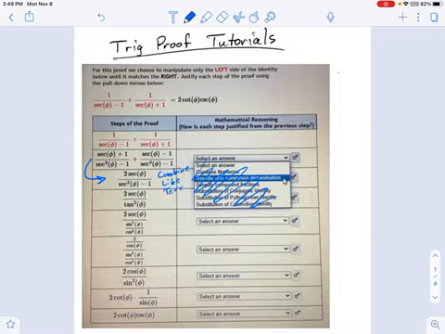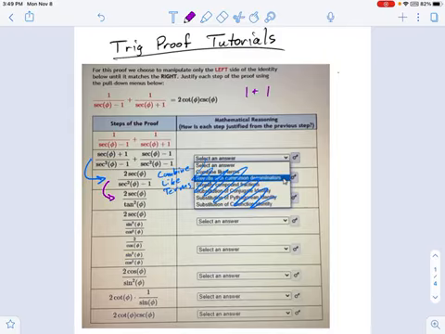Right? If you think about what happened, I added secant plus 1 and secant minus 1 together, and that gave me 2 secant plus 1 minus 1. The plus 1 minus 1 cancels out. So it's just 2 secant over secant squared minus 1. And then the question is, we'll use purple for this one. How did I go to that step? Well, there's a trig identity that can help us out with this one.